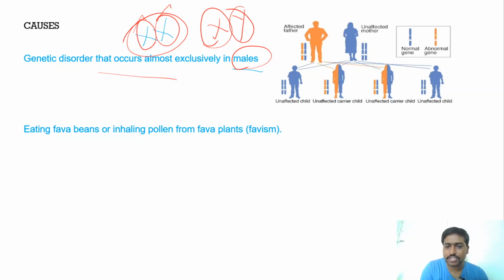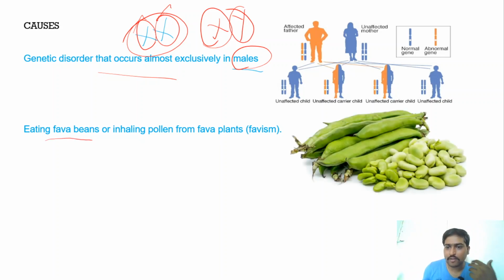But if the deficiency is caused by having fava beans or inhaling fava pollen, then it can be called favism. So if you take fava beans and that causes G6PD deficiency, that can be called favism or G6PD deficiency. You can see the fava beans here.